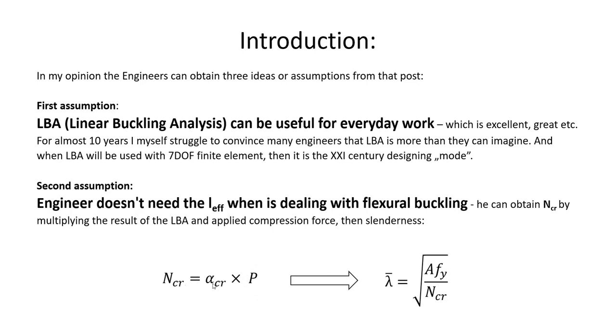Then he will obtain N critical, which he puts in the formula for slenderness. So he will get the slenderness without dealing with effective length. There is more.